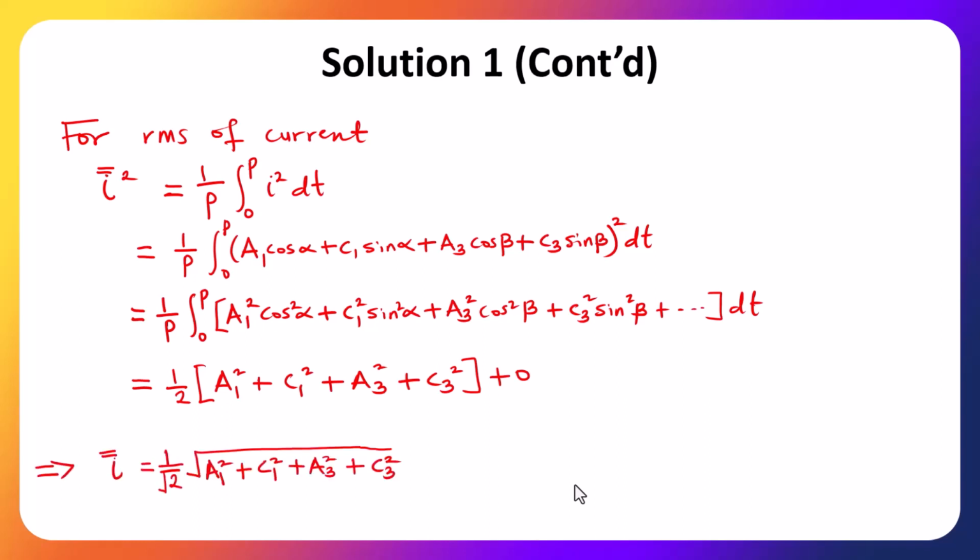So eventually, if we take the square roots of both sides, we have that our root mean square, which is I bar, is equal to 1 over the square root of 2 multiplied by the square root of A1 squared plus C1 squared plus A3 squared plus C3 squared.